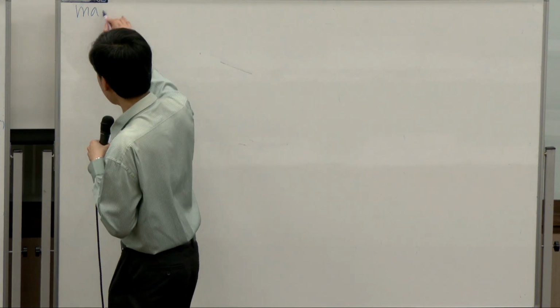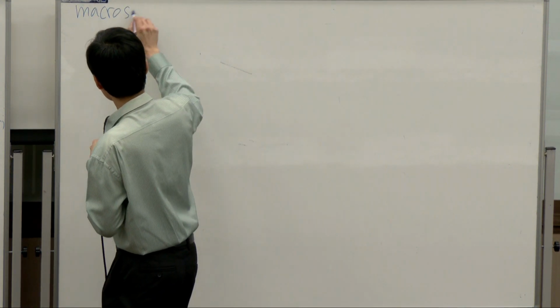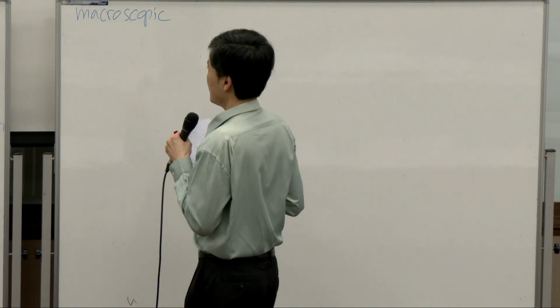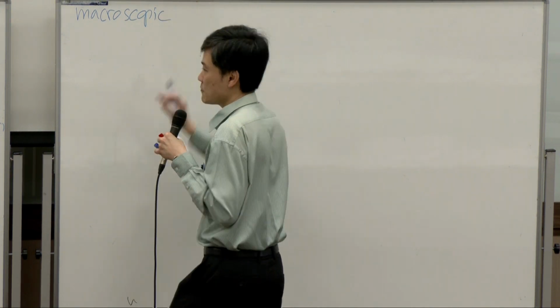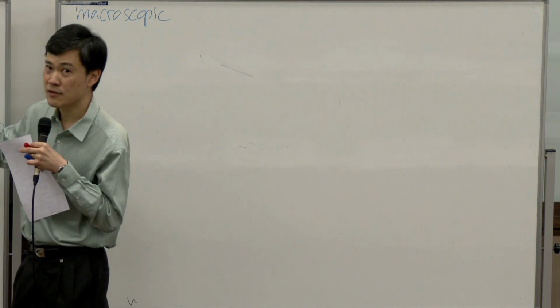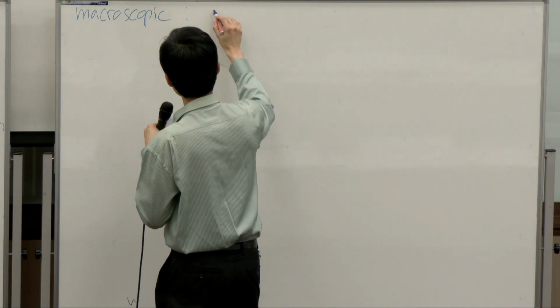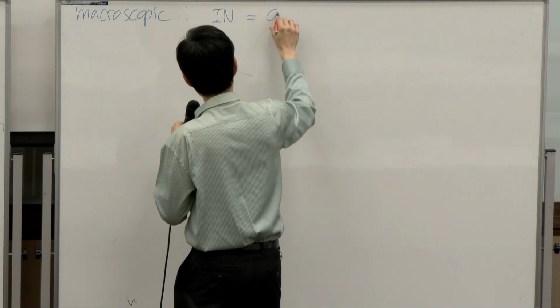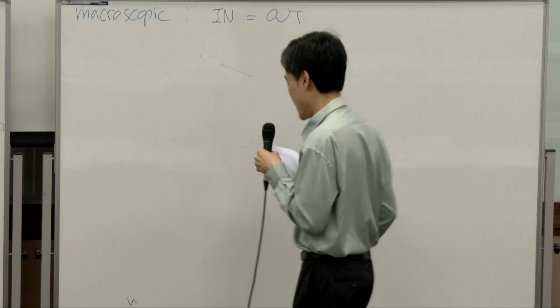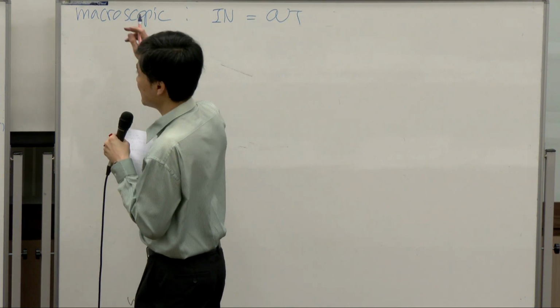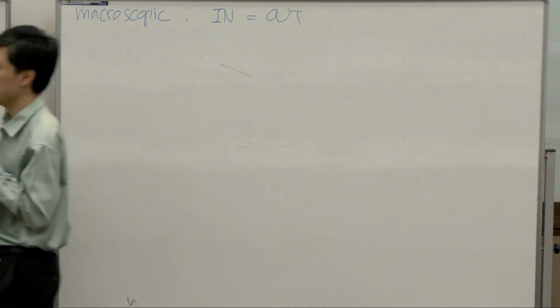This one would be macroscopic. So macroscopic balance means I'm doing balance in and out. Okay? So basically it is energy balance, in is equal to out at steady state. Input, first I have heat going in throughout the whole length.